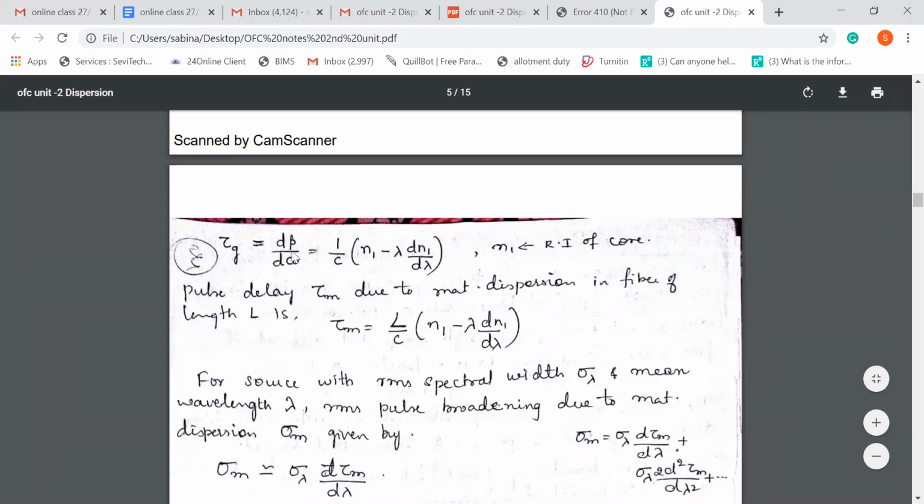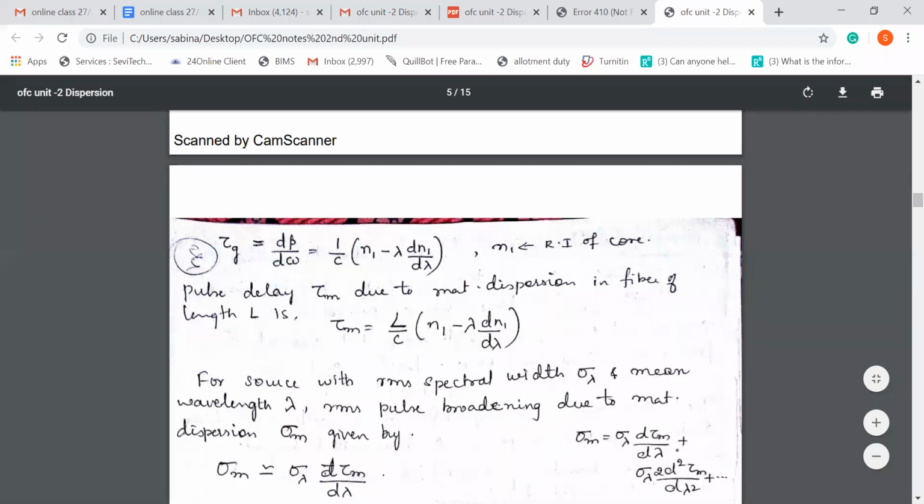So the group delay equals 1 by c times n1 minus lambda dn1 by d lambda, and the pulse delay tau m due to material dispersion in a fiber of length L is given by this formula. This tells how much delay we get due to dispersion, and it is very important.